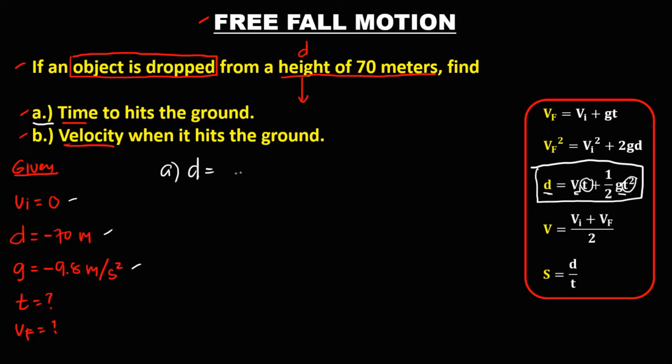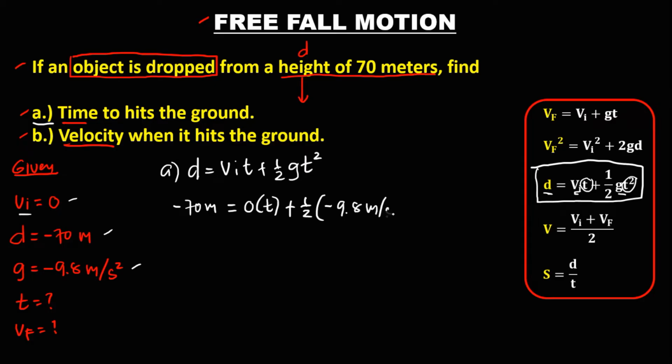So we have d equals the initial velocity times the time plus 1/2 times the gravity times time squared. Then the displacement, negative 70 meters, equals the initial velocity 0 times the time, plus 1/2 times the gravity, negative 9.8 meters per second squared, times the time squared.